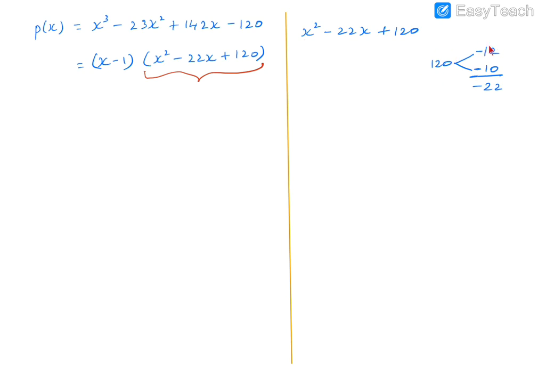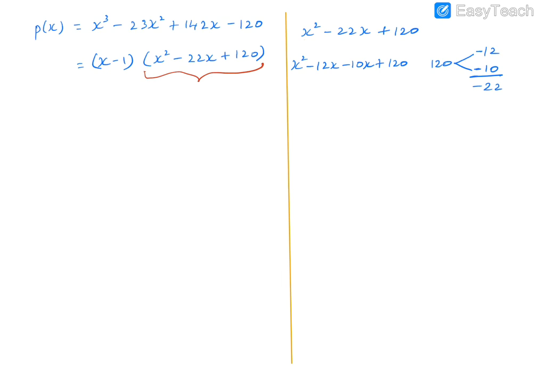Minus into minus will become plus, and 12 into 10 is 120, and minus 12 minus 10 is minus 22. So we can split this middle term in terms of these two numbers, which is minus 12 and minus 10. So we can write this as x square minus 12x minus 10x plus 120.